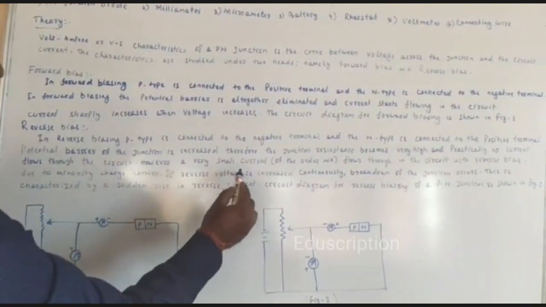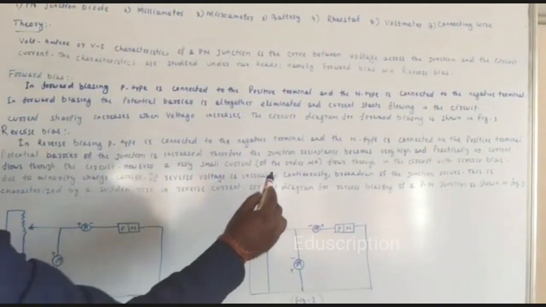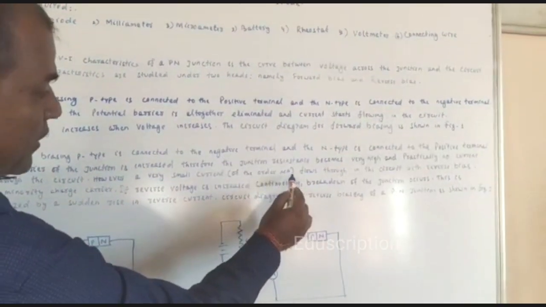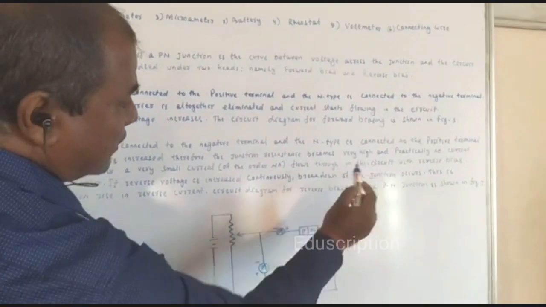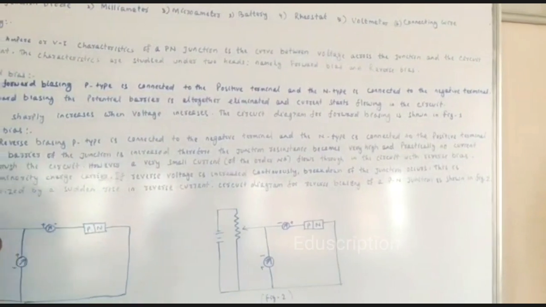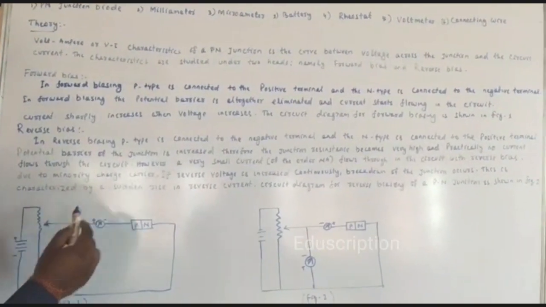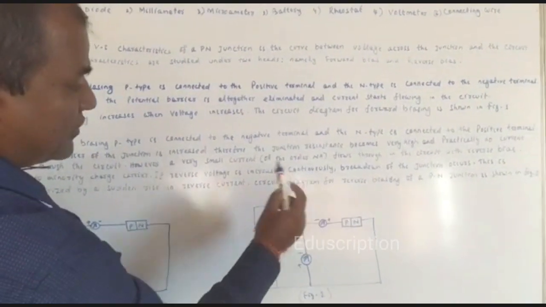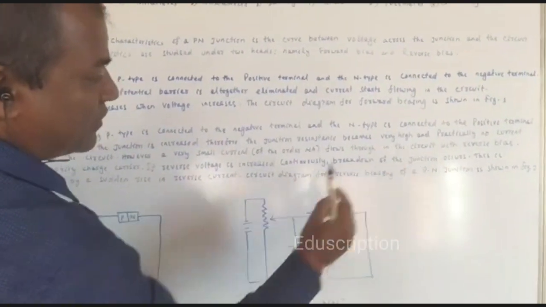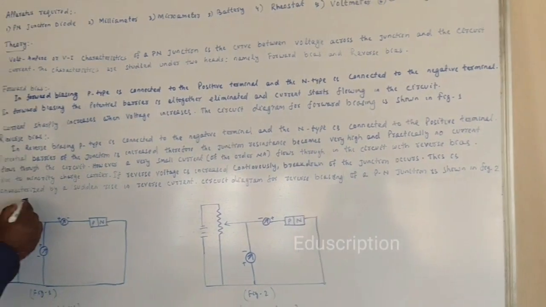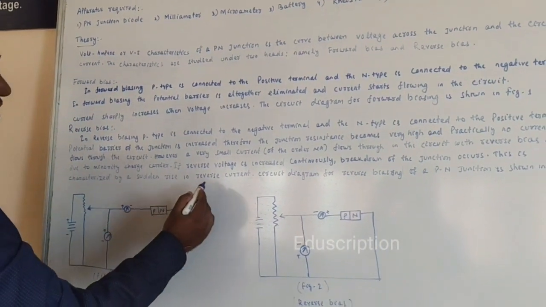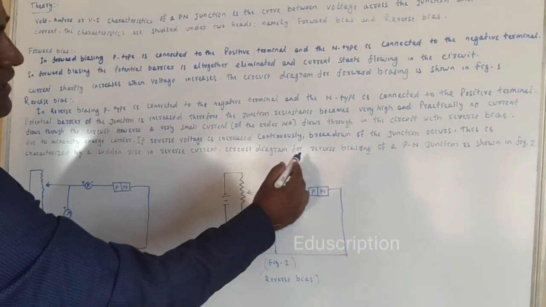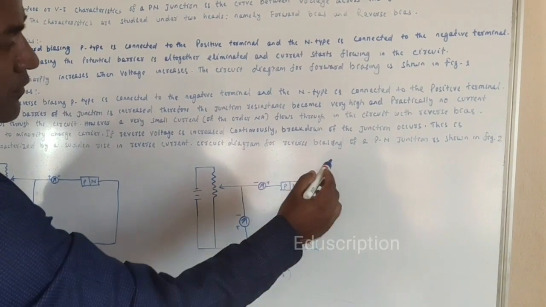However, a very small current, in the order of microamperes, flows in the circuit with reverse bias due to minority charge carriers. If the reverse voltage is increased continuously, breakdown of the junction occurs. This is characterized by a sudden rise in reverse current, and the circuit diagram for reverse bias of a PN junction is like this.